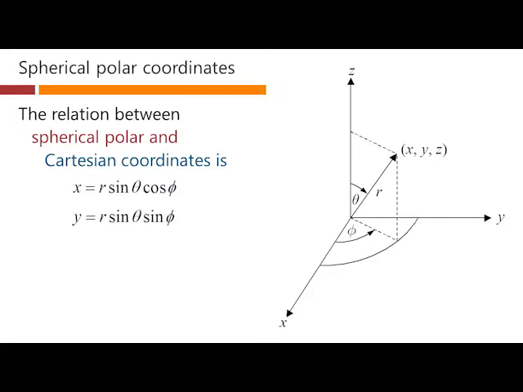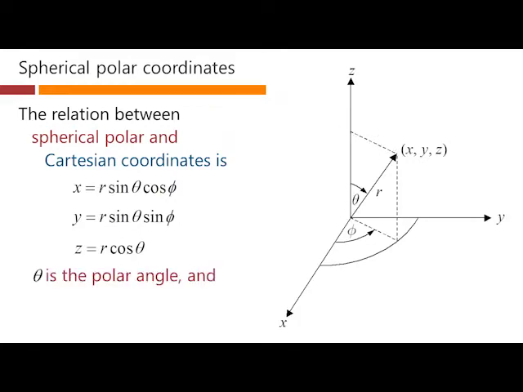Similarly, the y component will be the same r sine theta, the length of this line here, but now projected onto the y-axis, so that's r sine theta sine phi. And the z component is just r cos theta, the projection onto the z-axis.